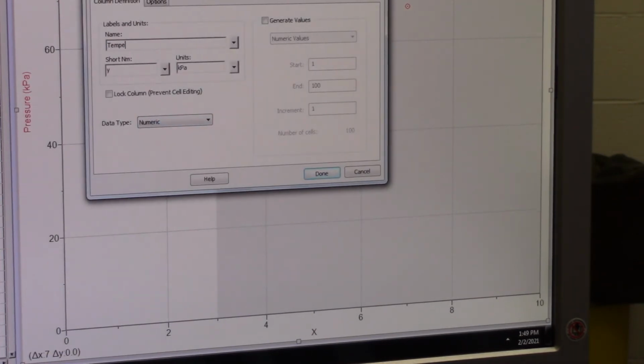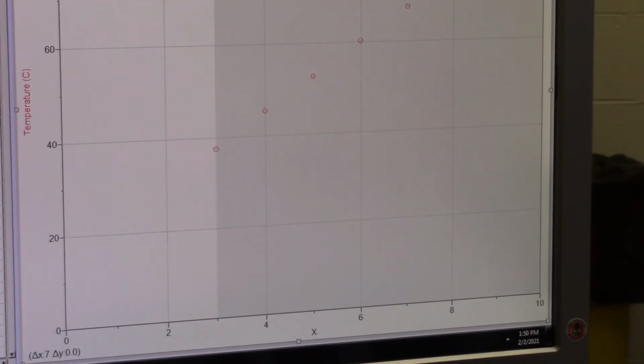It's actually temperature. Hang in there. Boom, boom, boom. Okay.